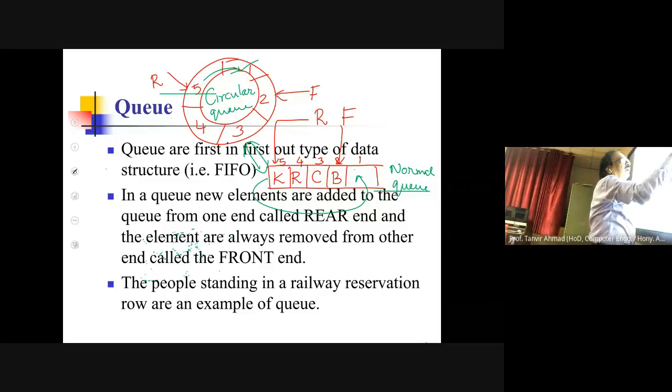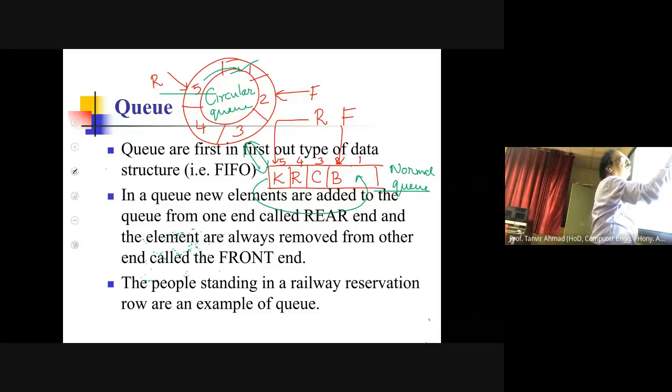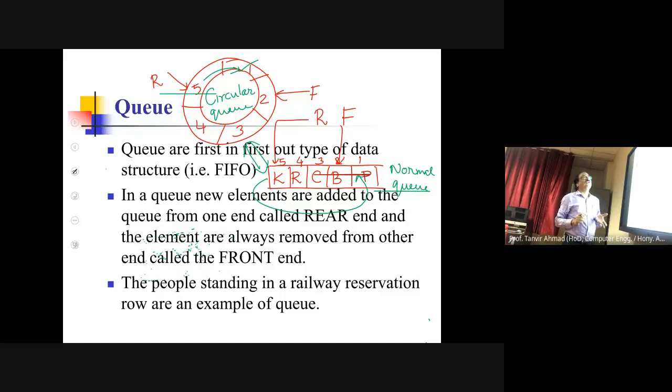I put P over here. Now I find that the queue is full because all the spaces are occupied, and therefore this circular queue is also full.